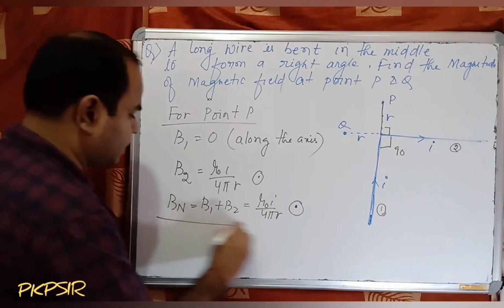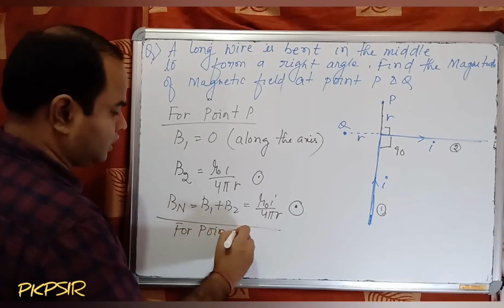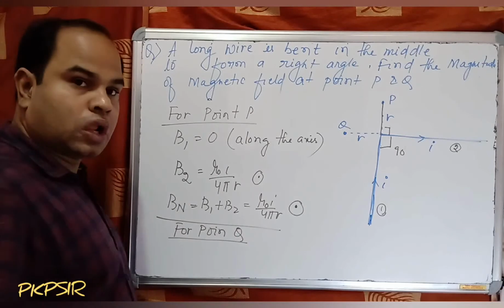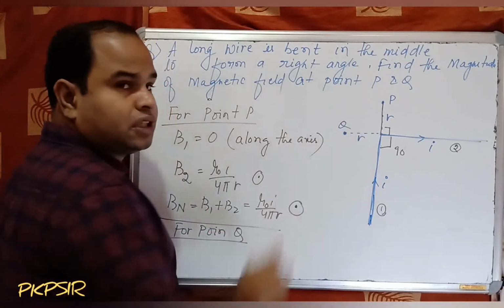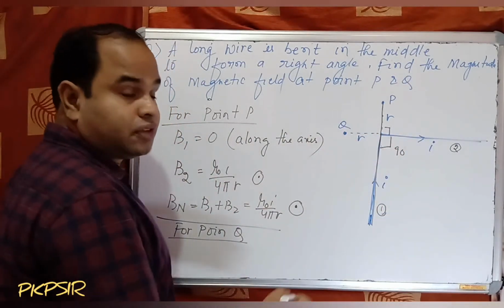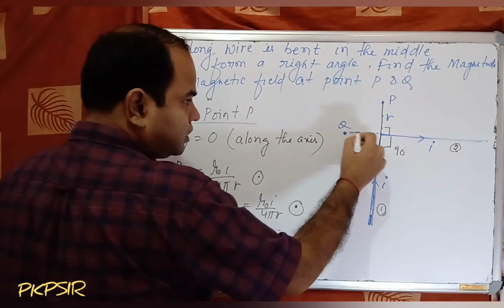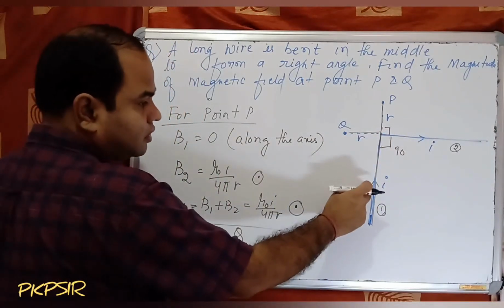Okay. Next is for point Q. For point Q, the first conductor is at r distance from point Q. So it is semi-infinite.